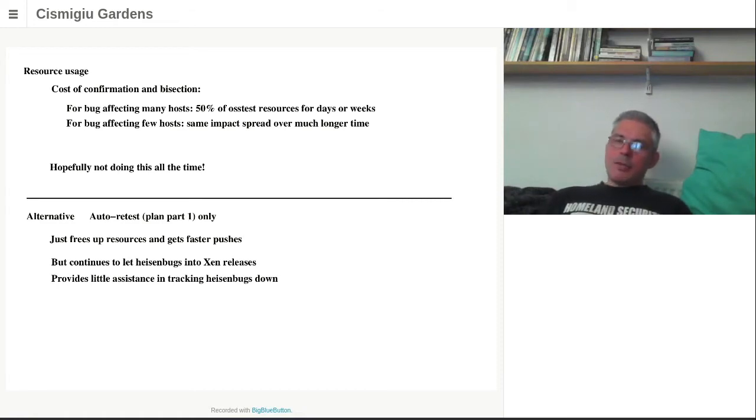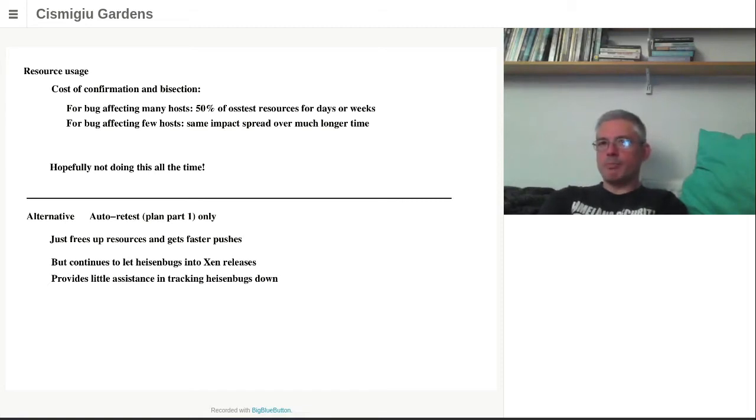I'm kind of hoping that deploying something like this, that is at least giving developers a confirmation that they have introduced a Heisenbug and that it is a regression, might concentrate minds and might improve the code quality. So hopefully osstest won't be doing this all of the time. I'm not sure whether I'm being over optimistic. The alternative to that is just to do the first part of the plan, which is the auto retest, which will free up a lot of resources.